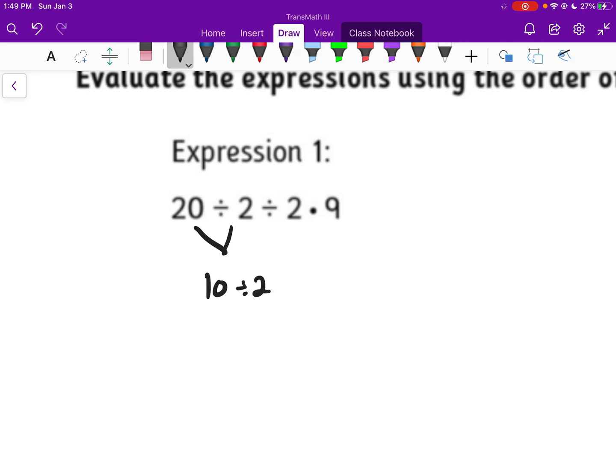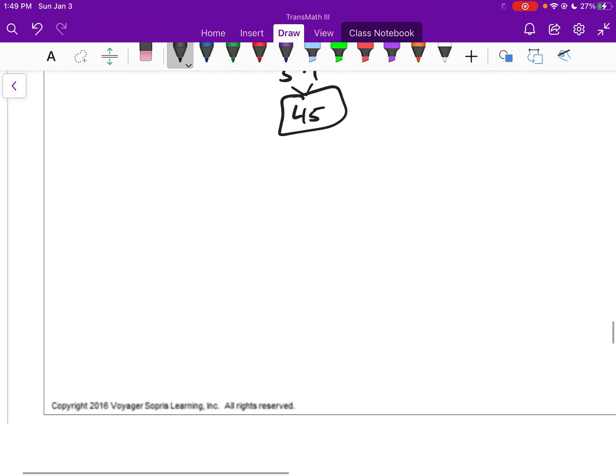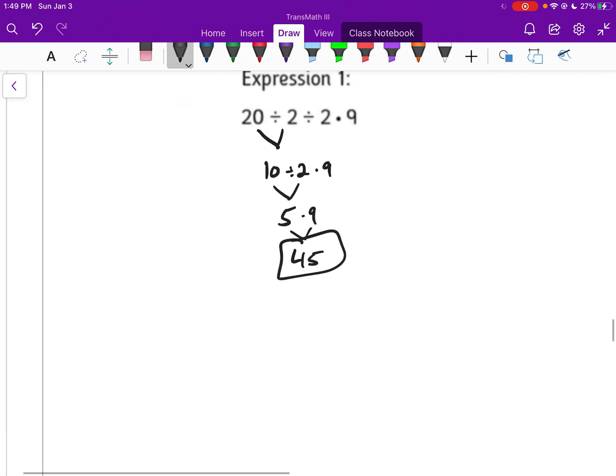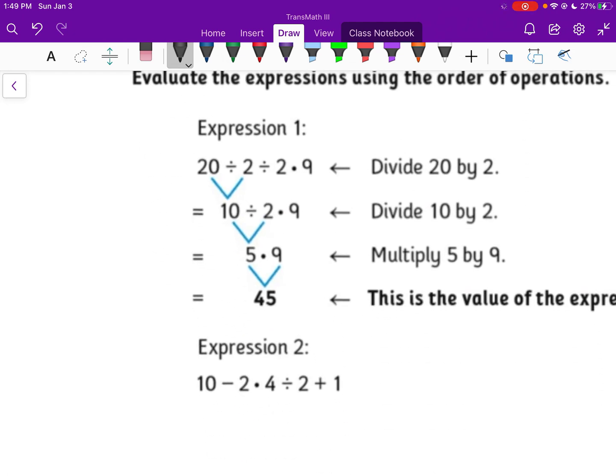Then we have divided by 2 times 9. Just keep working from left to right. 10 divided by 2 gives us 5 times 9. And finally, 5 times 9 gives us 45. Again, it was all multiplication and division, so we just work from left to right.